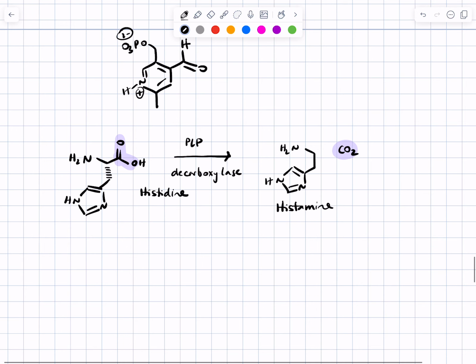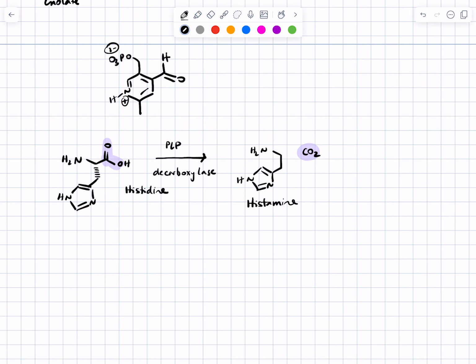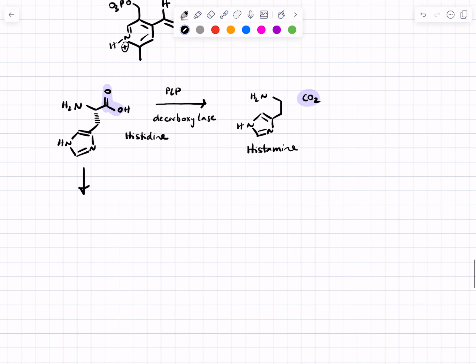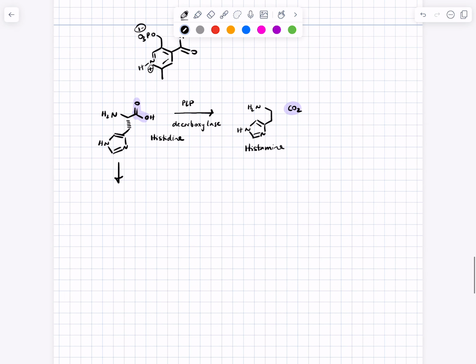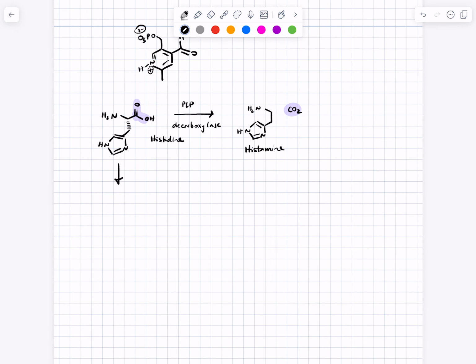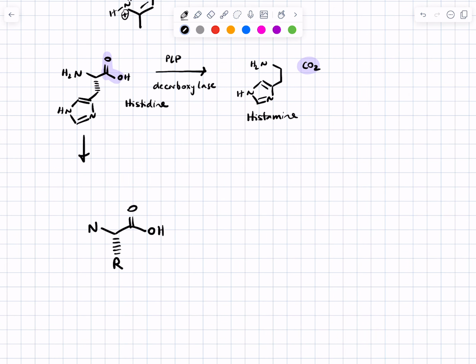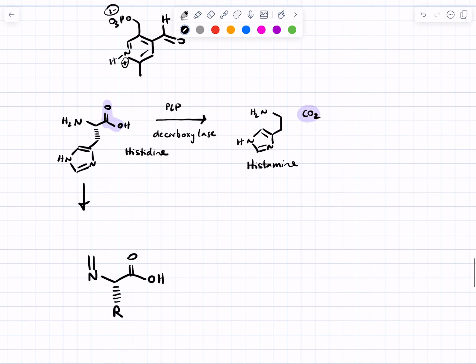Methyl group there. So PLP adds to the nitrogen of histidine to form an imine. So let's draw that imine. For now, I'm just going to show the histidine side chain as an R group. Here is the imine that forms with PLP.